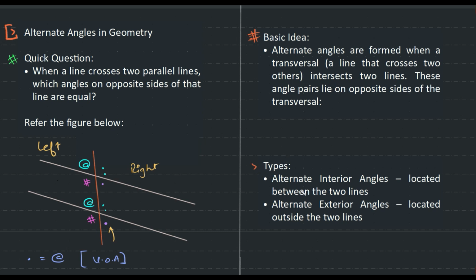There are two types: alternate interior angles, located between the lines. So this is interior. Actually, let me make this clear, you guys need to know all of this. So please do. The transversal you can just draw light. Now, this space between the lines, that's your interior.